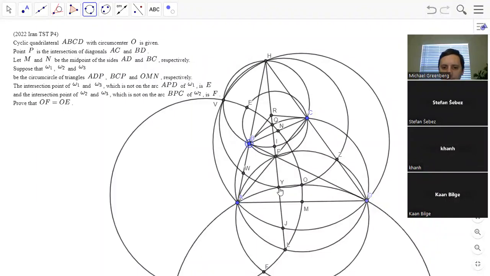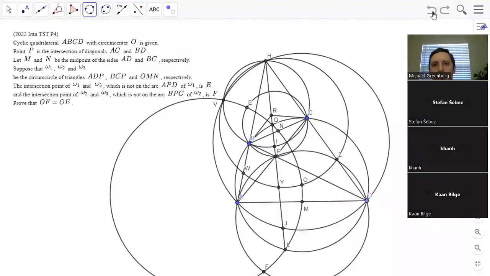BYOC is cyclic, and this is cyclic. So yeah, by the radical axis theorem, they would concur. All right.